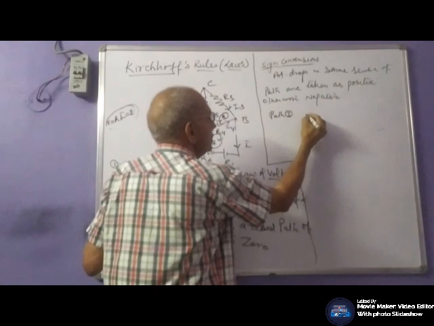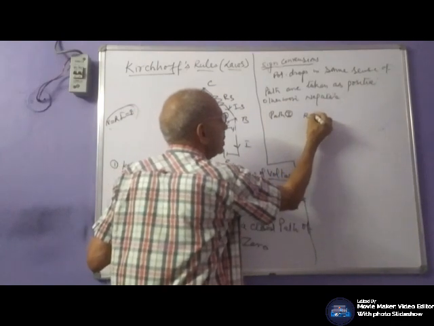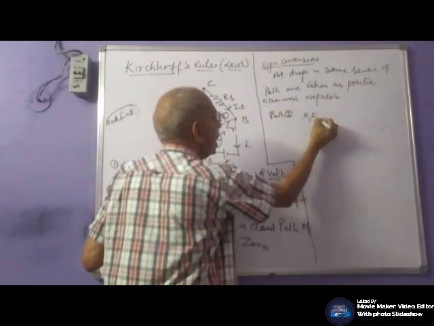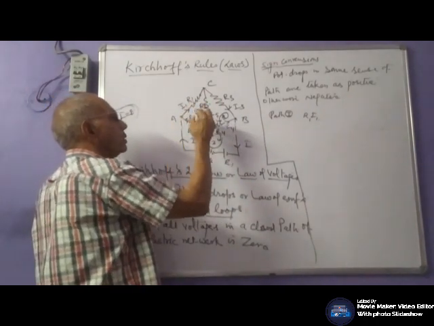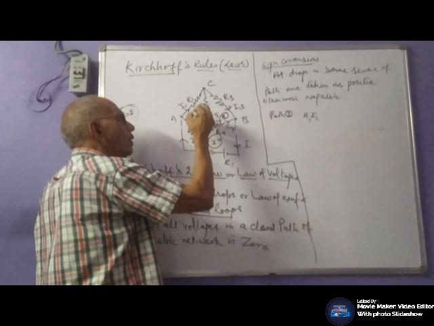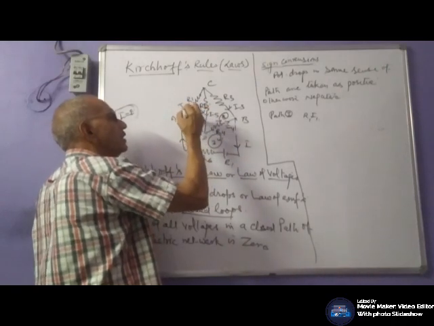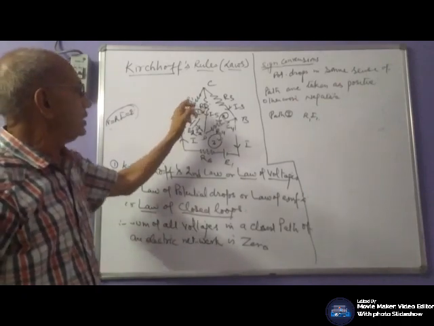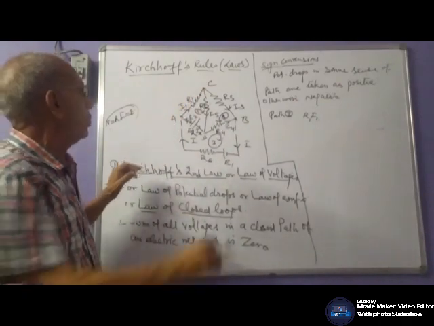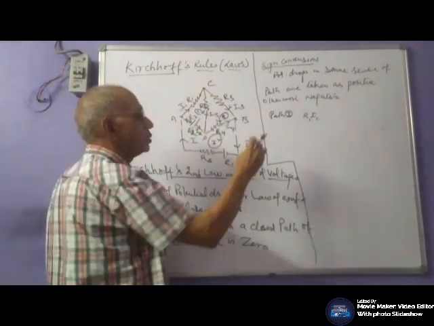How to start? AC. From A to C, potential drop R1 I1. Same sense of the path. This is the path, clockwise. What does this current tell? The sense of potential drop is A to C, so positive.